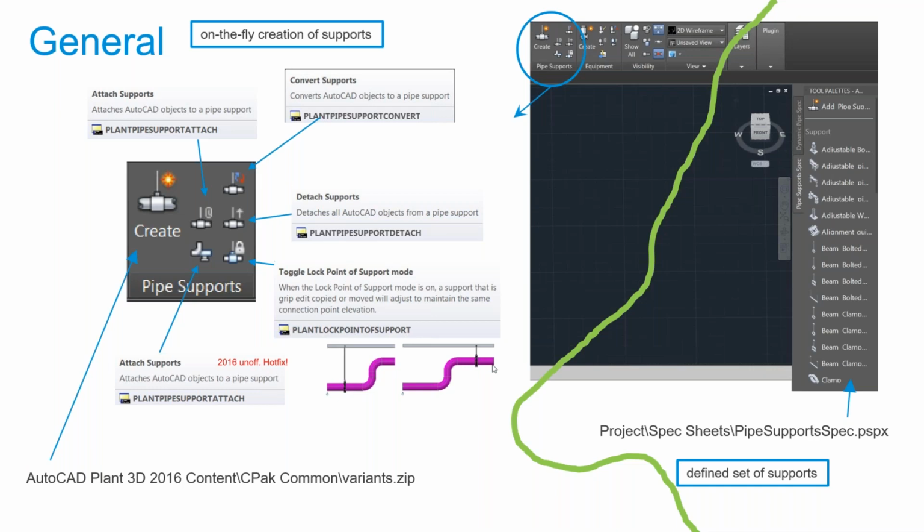But I would say it's not such an important function. And then you have Attach Supports. This is the support on support function, which lets you connect a secondary support on a support in order to make it visible on the ISO and in the bill of materials.